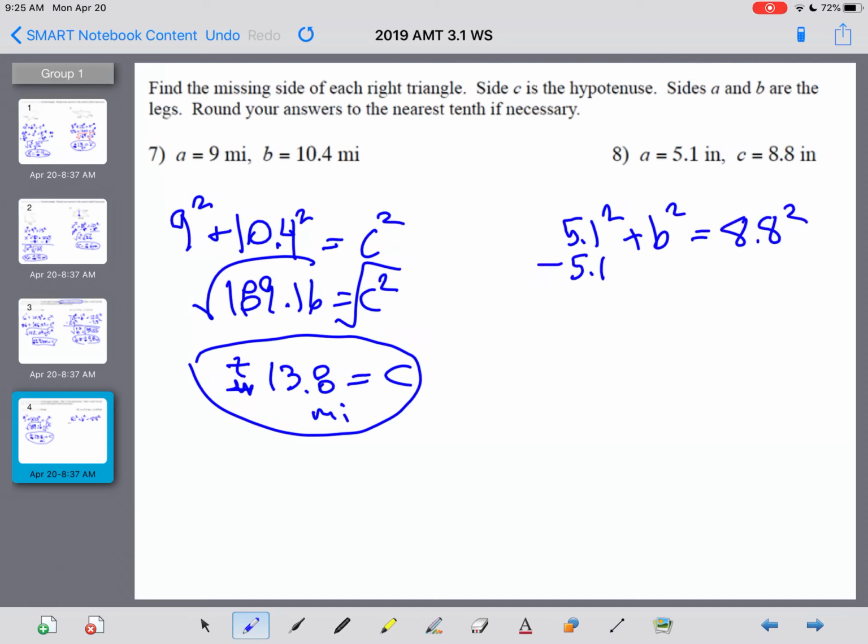I'm going to subtract this over, and I can do this calculation all at once. 8.8 squared minus 5.1 squared equals 51.43. Square root.